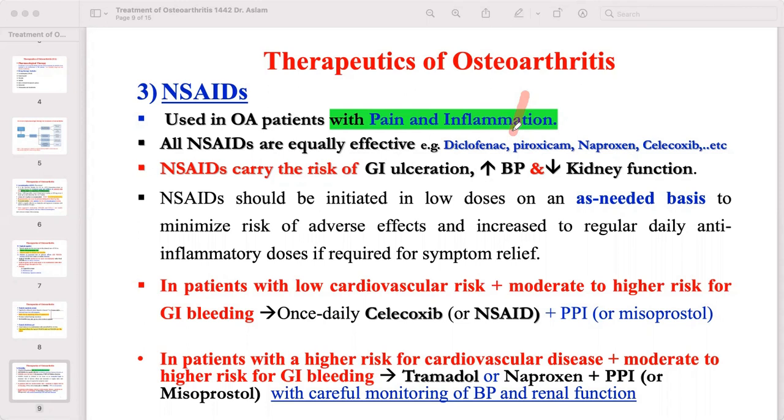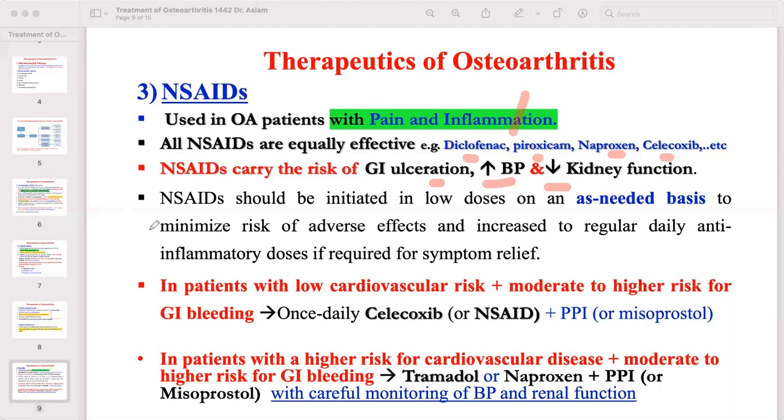All NSAIDs are equally effective, including diclofenac, piroxicam, naproxen, celecoxib, and ibuprofen also. Non-steroidal anti-inflammatory drugs carry the risk of gastrointestinal ulceration, may increase the blood pressure, and decrease the kidney functions, as we discussed before.